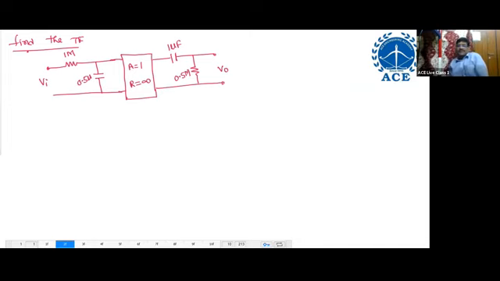Find the transfer function. Come on, do it.